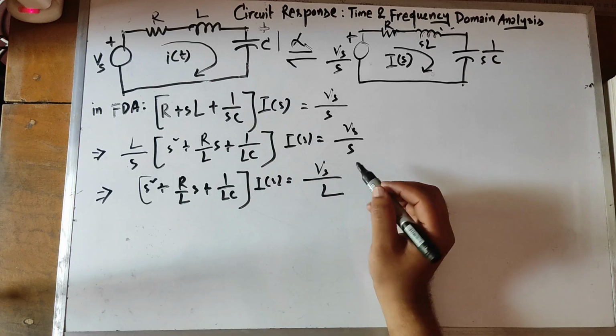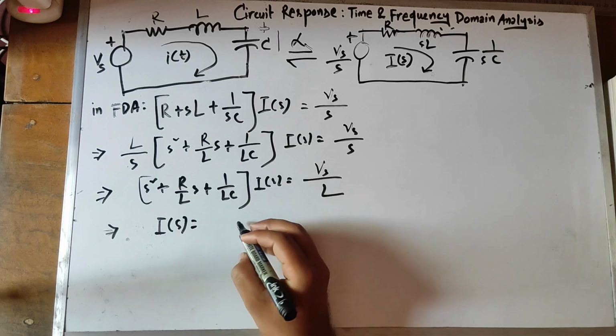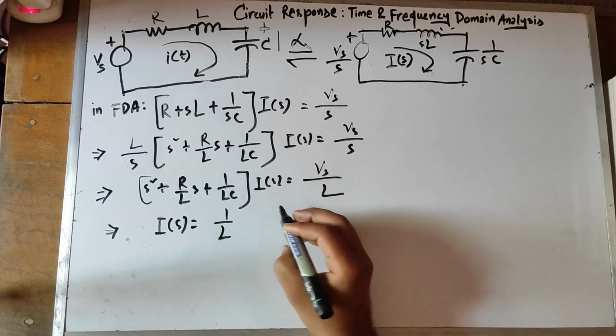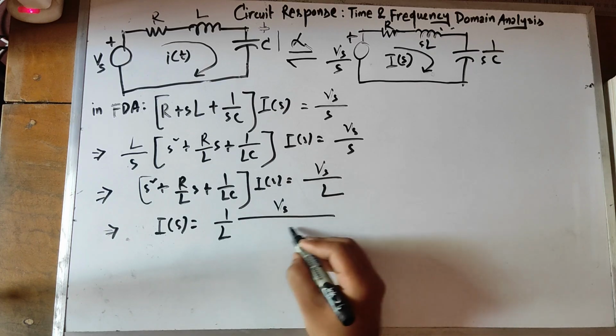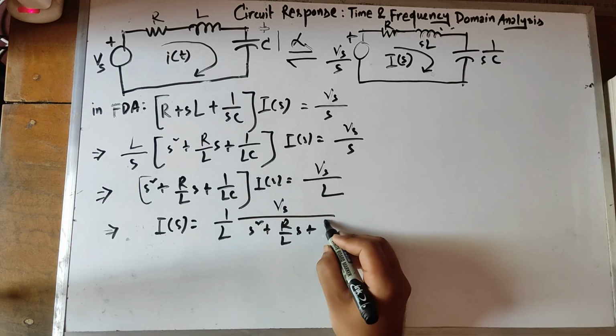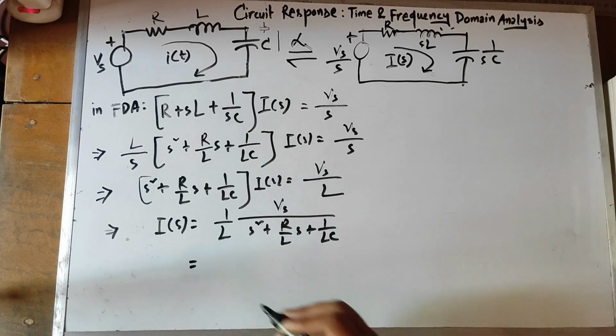So IS equals 1 by L Vs by S square plus R by L S plus 1 by LC. So I'm gonna factorize this. I have already done this same derivation in my previous video, so go watch it.